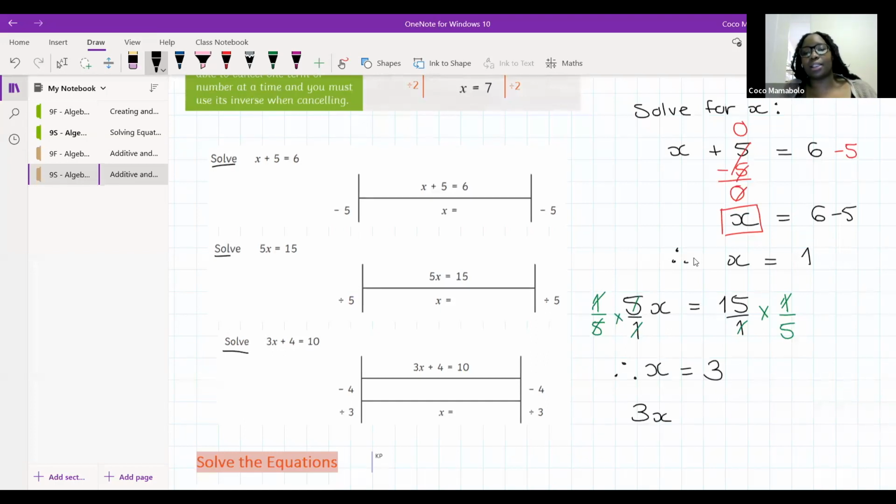This is 3x plus 4. What do we want to get rid of first? What can we take away first over here? We take away the 4. Good. What rule are we going to use? Which inverse are we going to use to take away the plus 4?